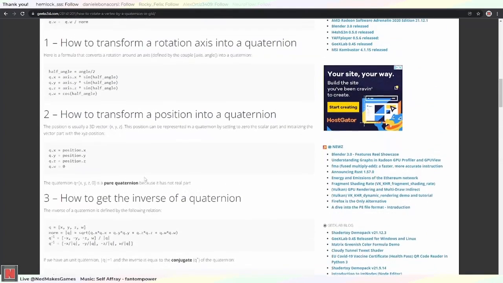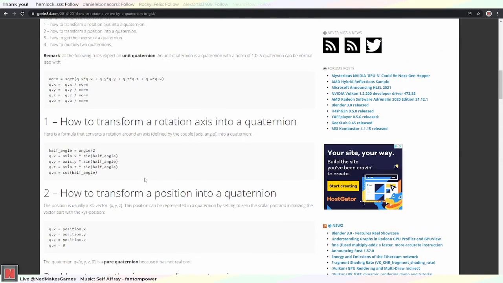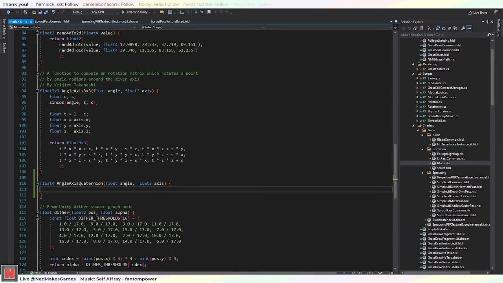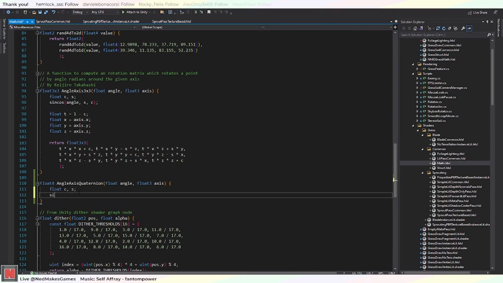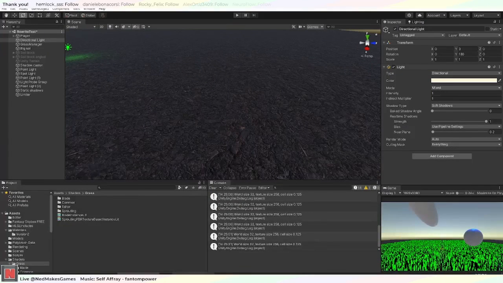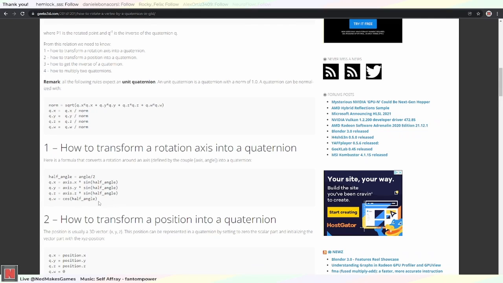So they get... Okay, so you just half the angle, then you do a sine and cosine of half the angle. Okay, and then it's just the axis XYZ times the sine.